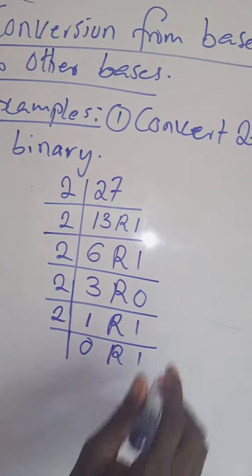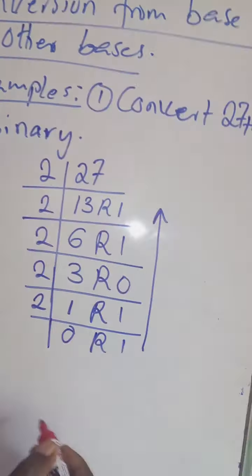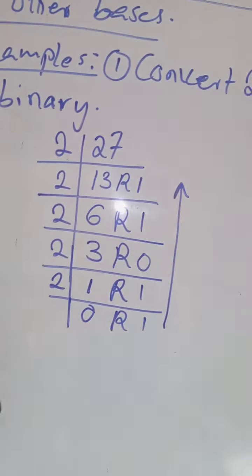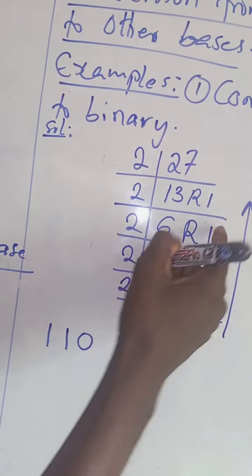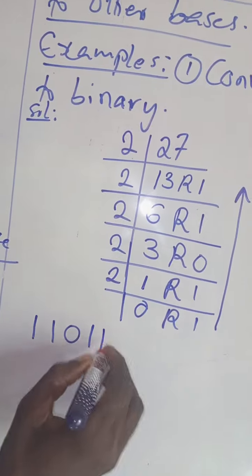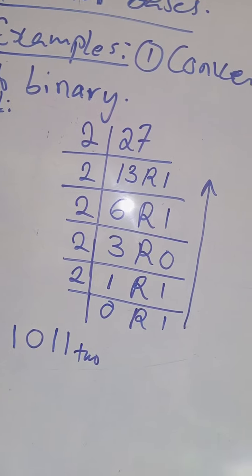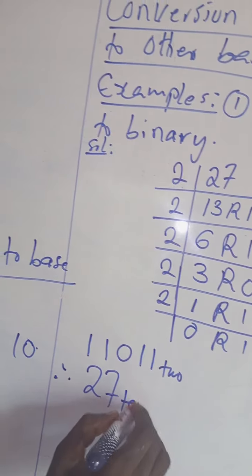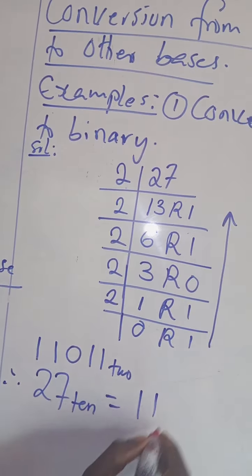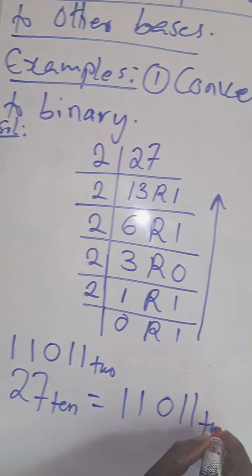Then you read upward. So I'll start from here: 1, next 1, 0, 1, 1, base 2. Therefore, 27 base 10 is equal to 11011 in base 2.